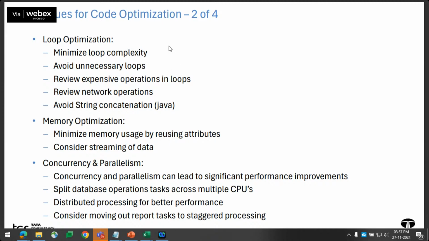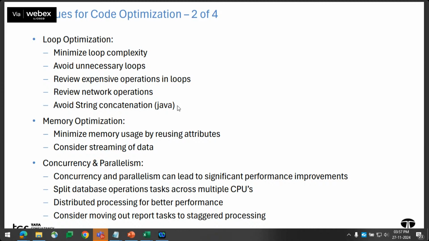So these are the things which we need to look at: repeating the loops, whether it is required to loop through, whether while getting the data from the database there is a way to narrow down the data, whether there are expensive operations in the loop, whether we are doing any network operations, whether we are doing string concatenation, for example in Java.